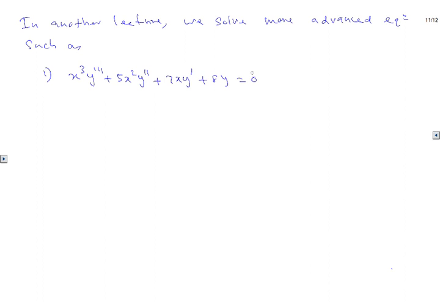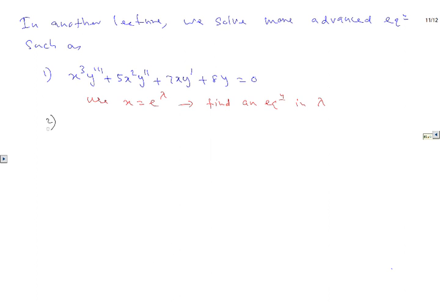The idea is the same, but in this case we're going to use x equals e to the lambda, and find an equation in lambda. After we get that, then we know how to write the general solution. That's how we're going to do a problem like that.